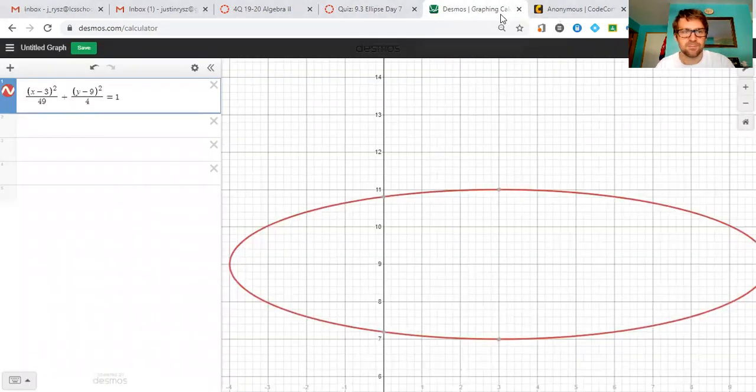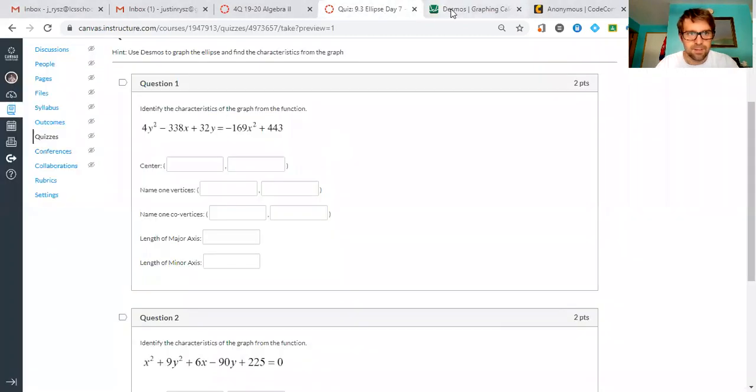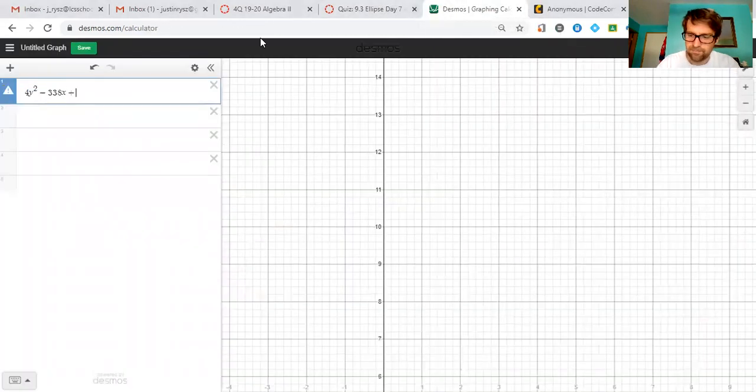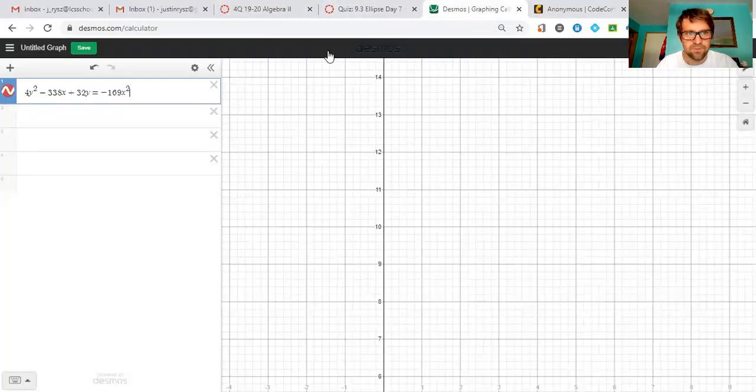4y squared minus 338x. What a crazy equation. 4y squared minus 338x plus 32y equals negative 169x squared plus 443.